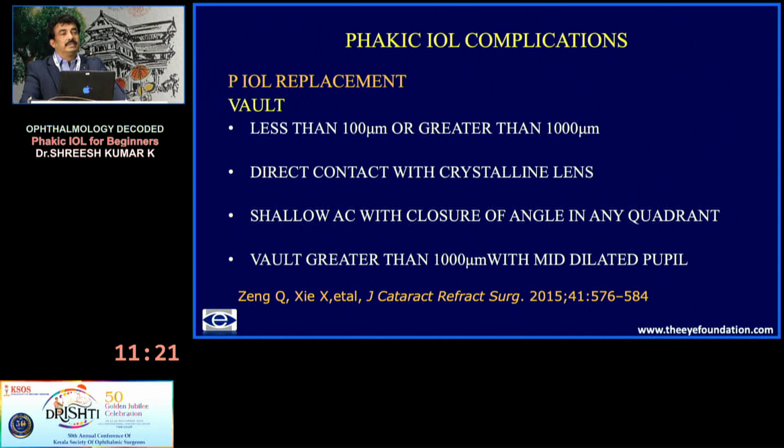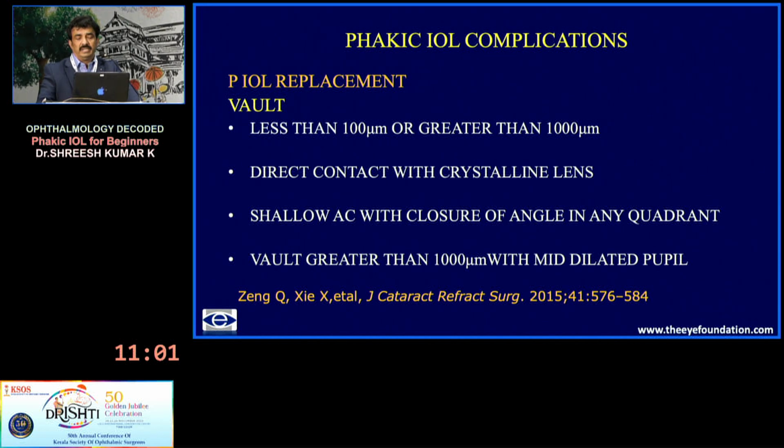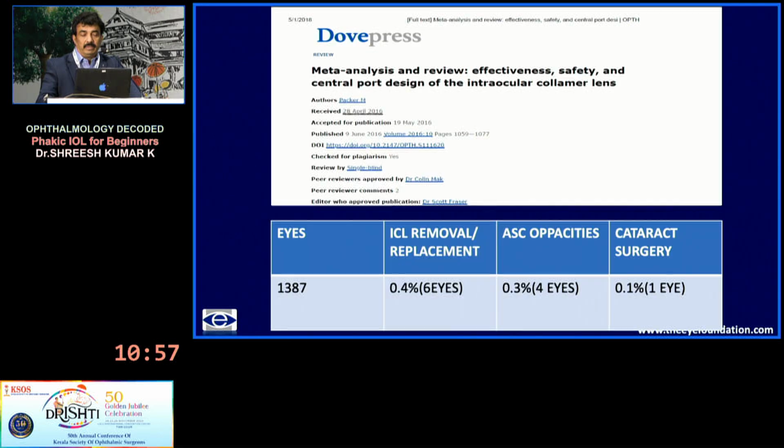Also if the lens comes in direct contact with the crystalline lens, if there is a shallow AC with closure of angle in any quadrant, or if the vault is greater than 1000 microns with a mid-dilated pupil and the patient is symptomatic, having a constant glare. These are the conditions wherein we have to replace the posterior chamber phakic implant.